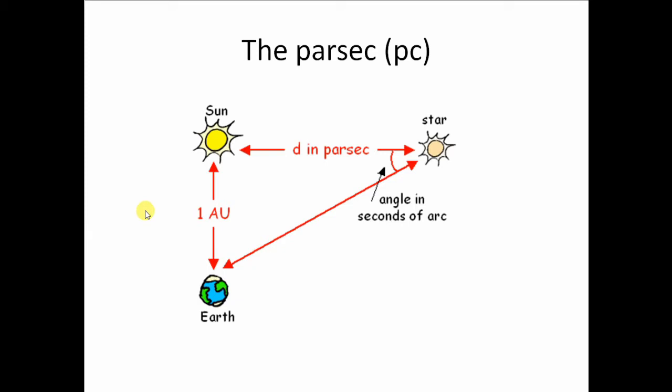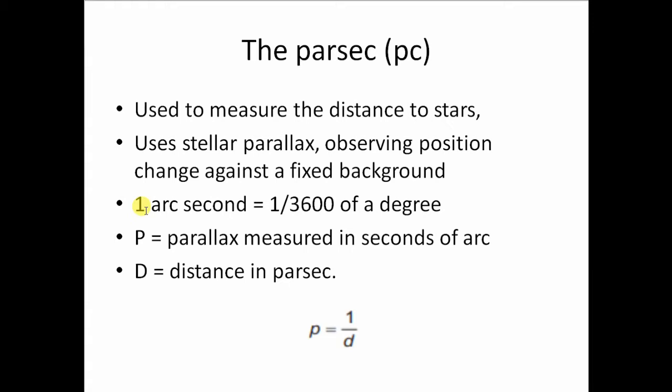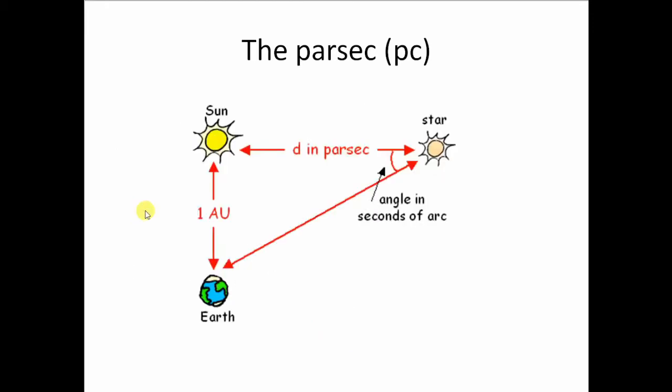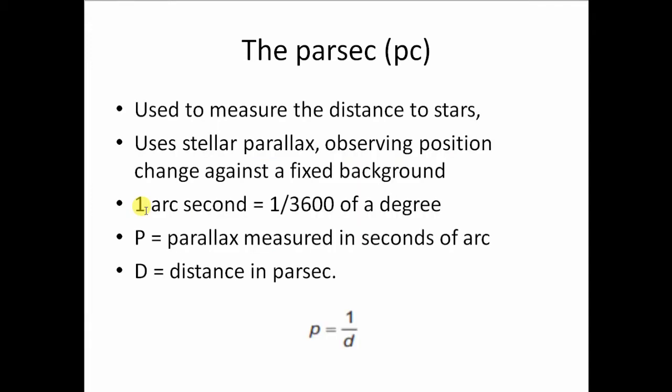And how much it's moved in relation to its background can tell us the distance. So, yeah, one arcsec, if we look at the diagram here, is 1/3600th of a degree. So we are talking about a tiny movement.